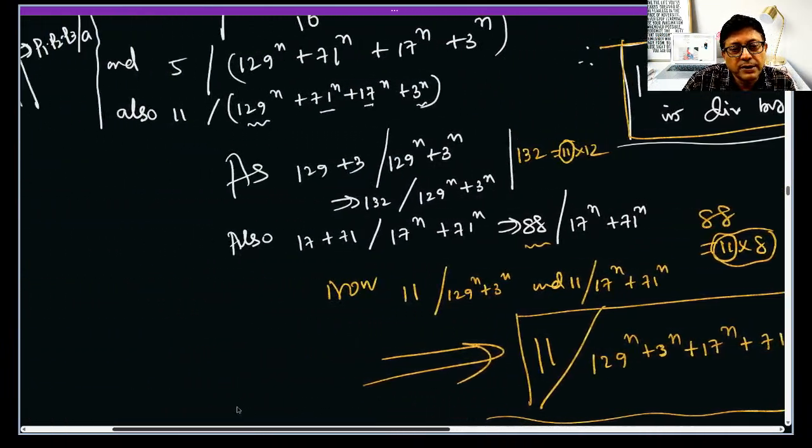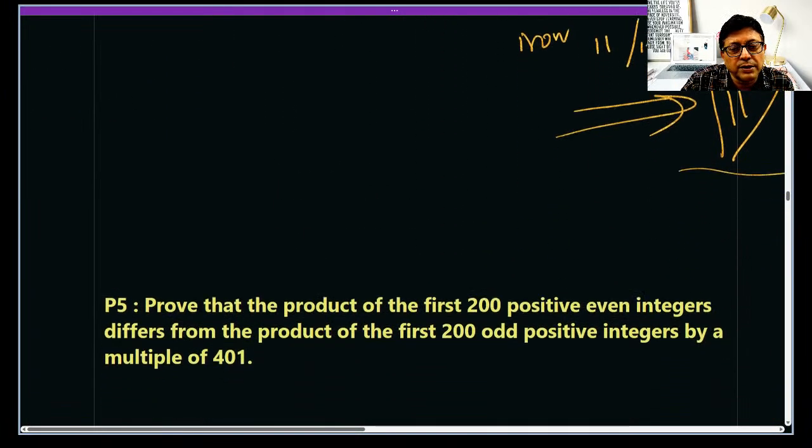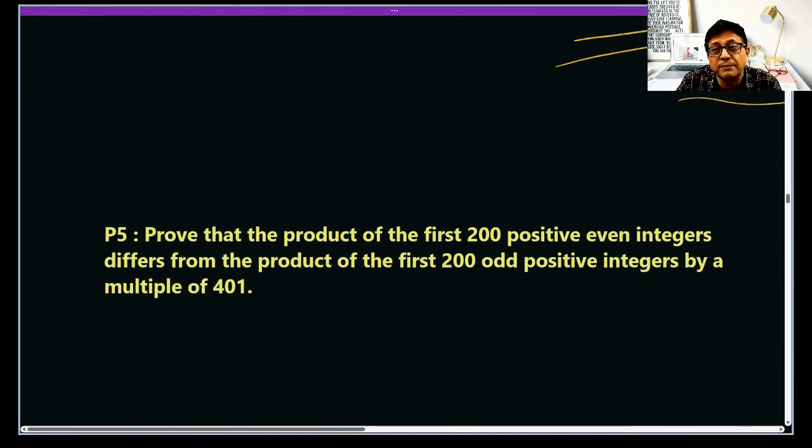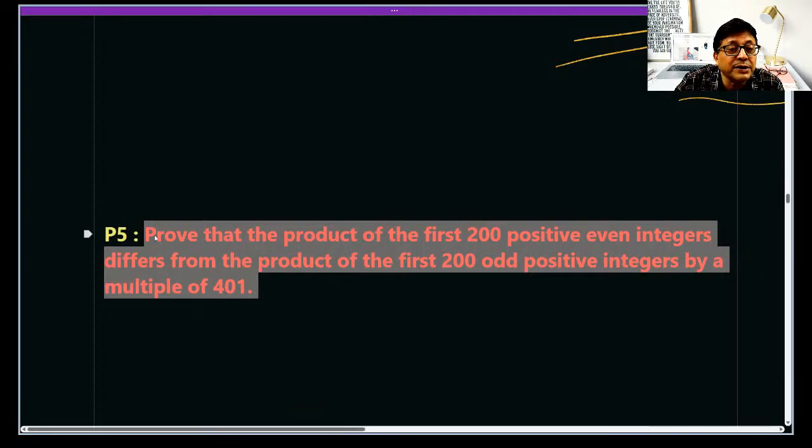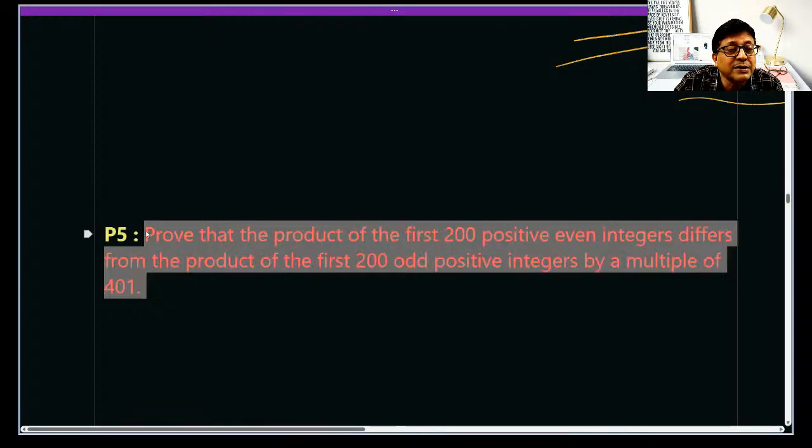Clear? Let us go for another one, which is of Olympiad standard. Previous one also. And this is a brilliant sum, I am telling. If you can prove it before I do it here, you must specify that you have done it. What is that?